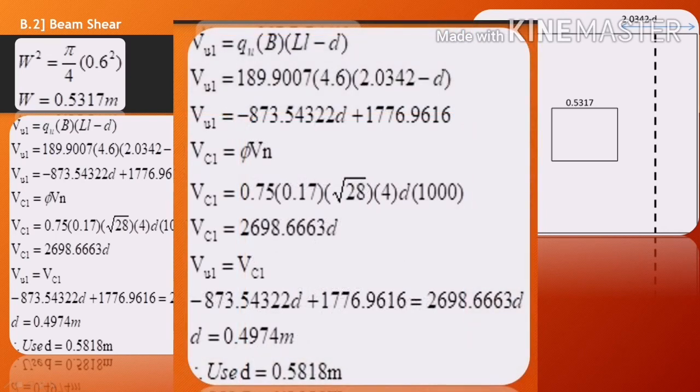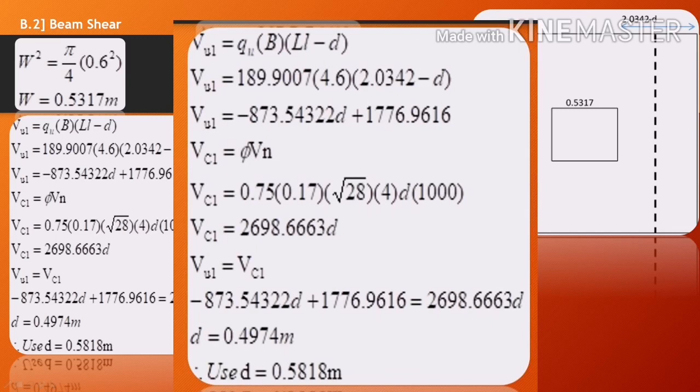So, VUL is equal to QU times B times the quantity LL minus D. So, the value of VUL is equal to 189.9007 times 4.6 times the quantity of 2.0342 minus D, which gives us the value of VUL, which is negative 873.54322 D plus 1776.9616.